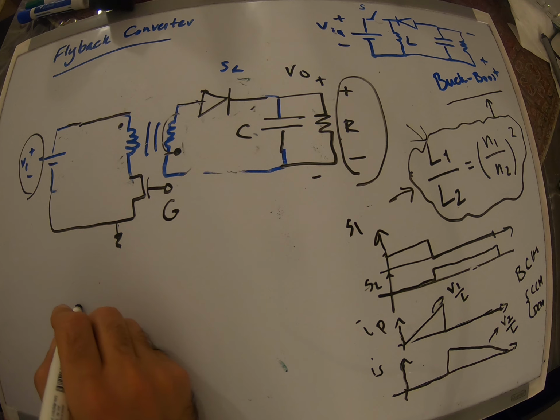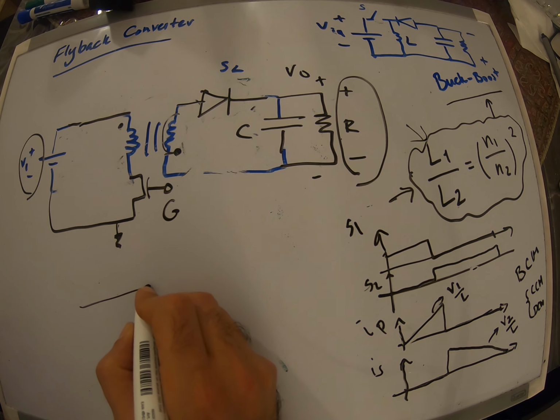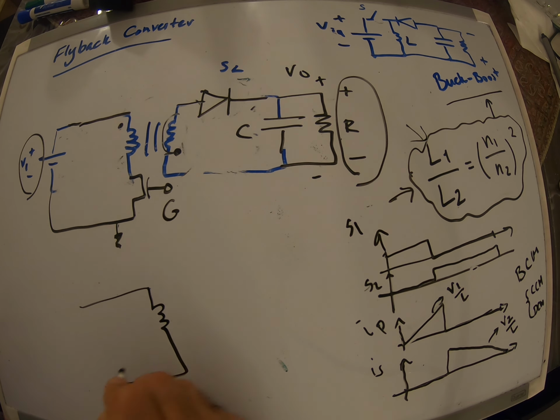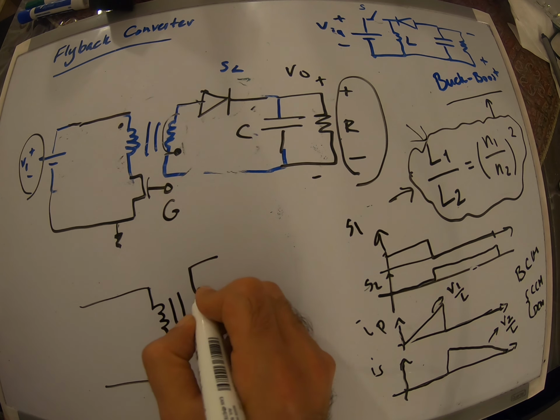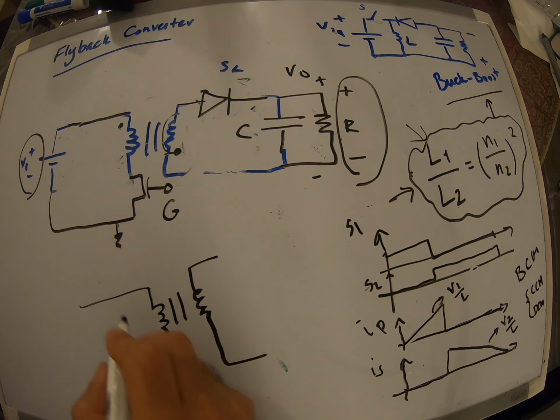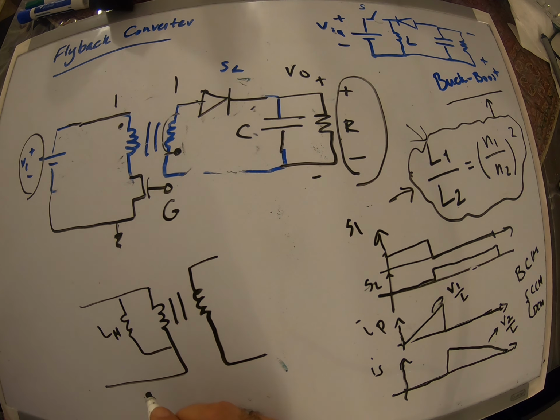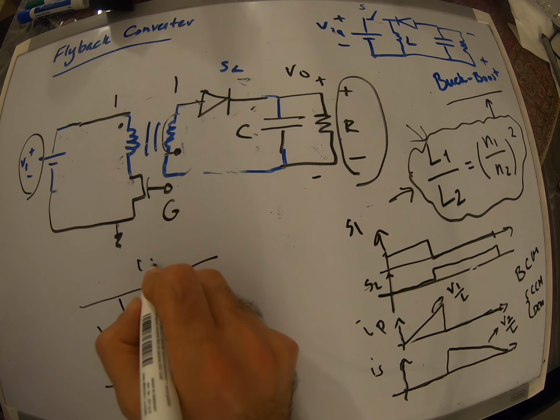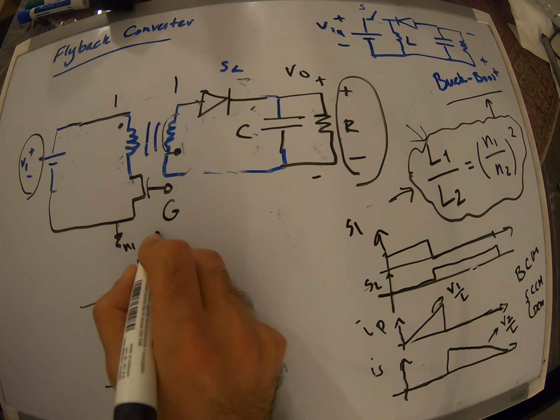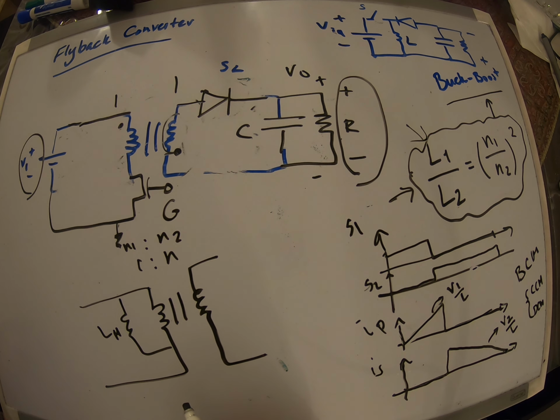So just wanted to show you again one more time that the way this is modeled is usually with a magnetizing inductance like this. And here I assume that we have a 1-to-1 turns ratio, but this can be 1 to n or n1 to n2. So that's actually going to have an impact on the output voltage.